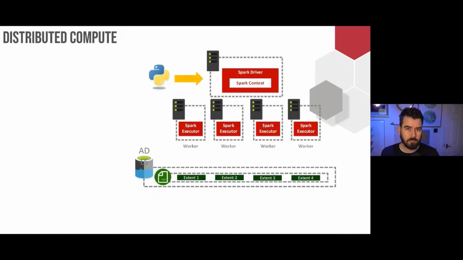So distributed compute works a bit like this, all right? I submit a query, and that might be in Python here, so PySpark. That goes off to my driver, and my driver distributes that query to each one of my workers, okay? And now my workers will go off to my data store, which might be something like Azure Data Lake Gen 2. Azure Data Lake Gen 2 is a Hadoop-based file system.